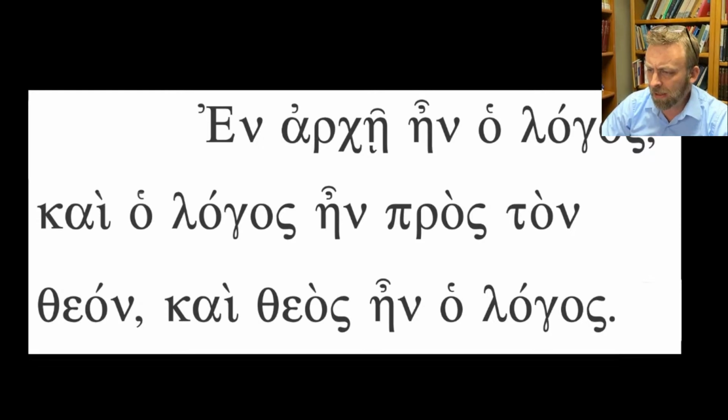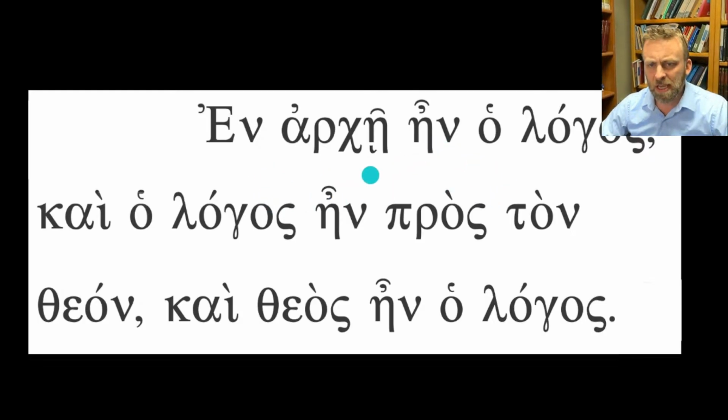All right, and then Jank, in the beginning was the Word, and the Word was with God, and the Word was divine. Yeah, that is how I like to translate it, and I'll explain why in a bit. That is how I tend to go with that myself. Okay. So we'll talk about that. All right.